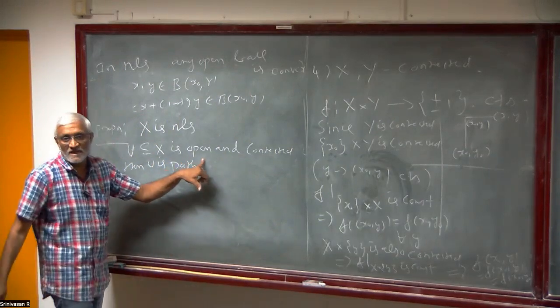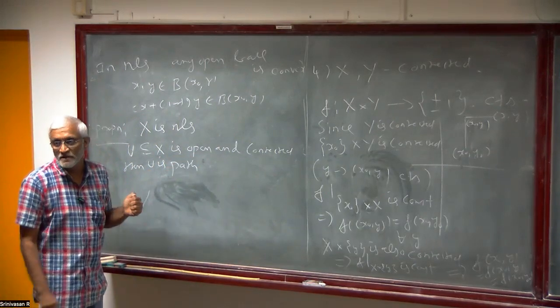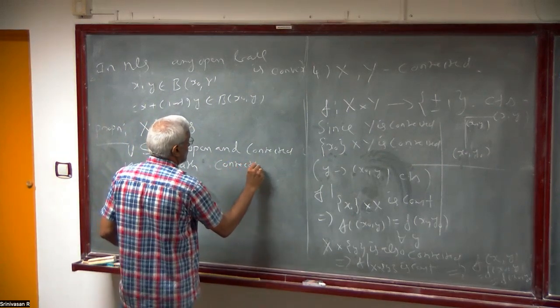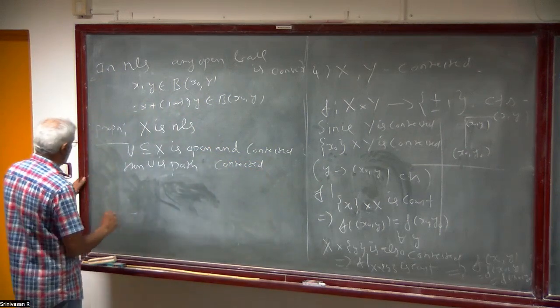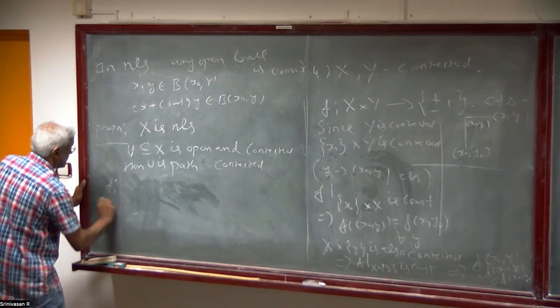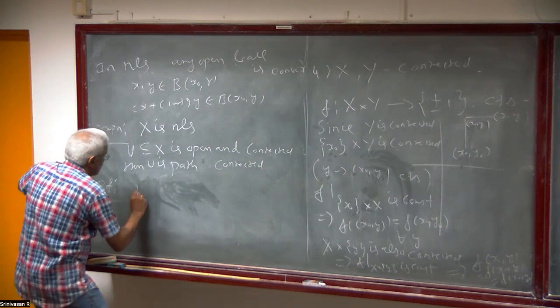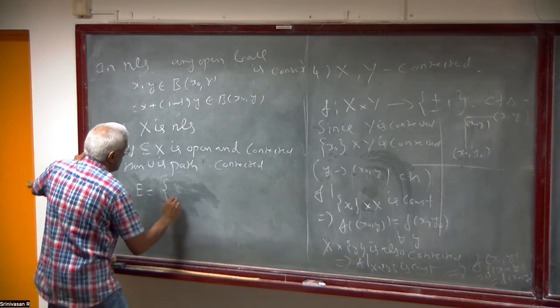You need the extra assumption that it is open. Proof. To prove this, we assume it's open and connected. We want to prove it's path connected. To prove path connected, we choose an arbitrary point x naught in U and prove that everything can be connected to that.